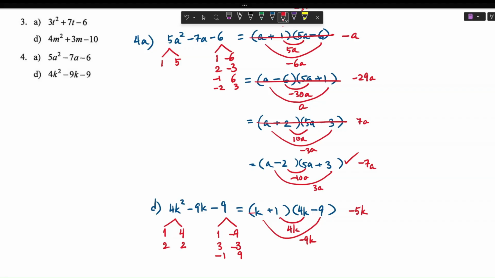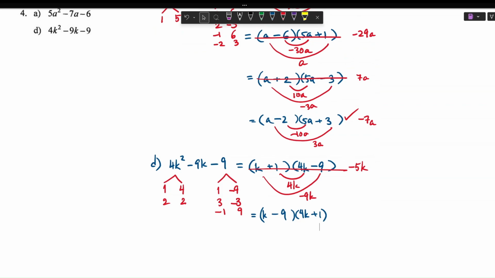Not what we wanted, so let's try something different. If we try swapping the order, you're going to get negative 9 times 4k, which is negative 36k, and then k, together it's negative 35k. Again, not what we wanted. Let's try something different.